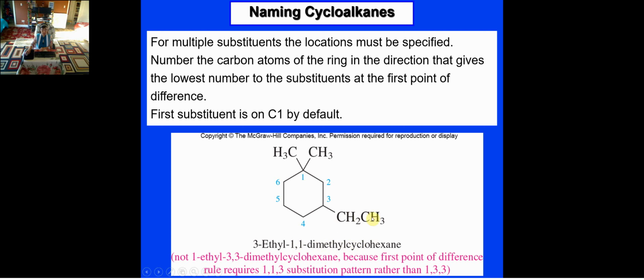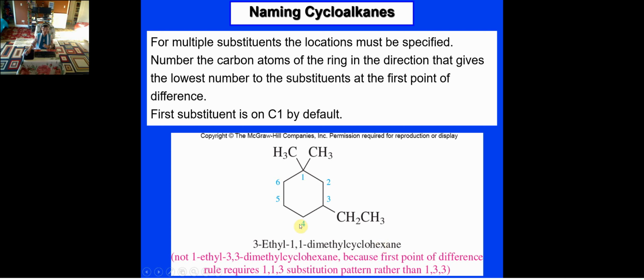Make sure your ethyl is named first, although its locant is higher. And then 1,1-dimethyl, this 1 you can ignore because the first substituent is by default on the number 1 carbon. But so, 3-ethyl-1,1-dimethylcyclohexane.